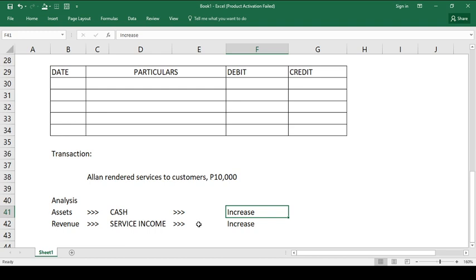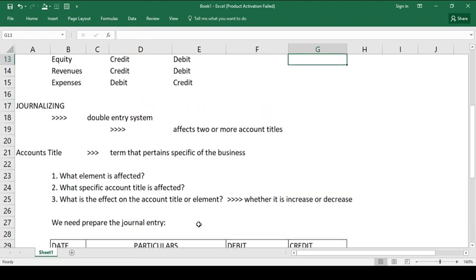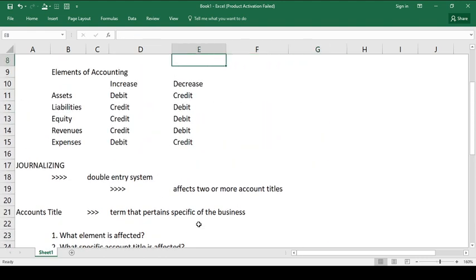Take note, ha. Sunod, determine mo na if it is an increase or decrease. Titignan mo, ano po ba yan? Debit or credit? Balik tayo sa taas. If increase sa asset, ano po ba yung sabi? We need to debit. If it is an increase on asset, that is debit. And an increase on revenue is a credit.